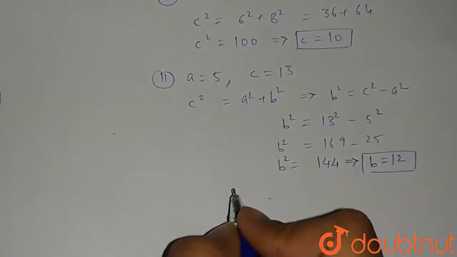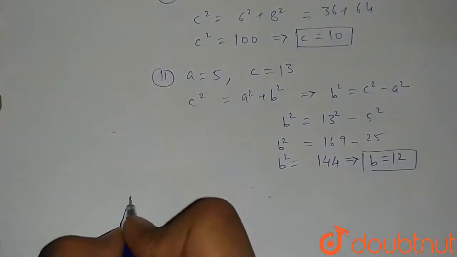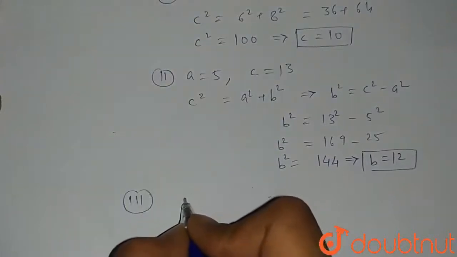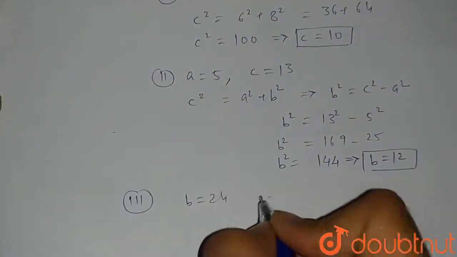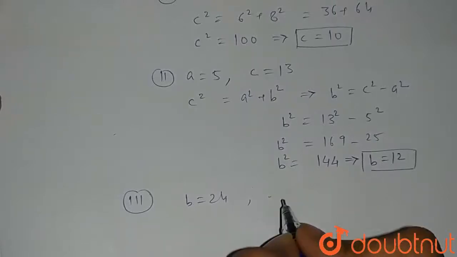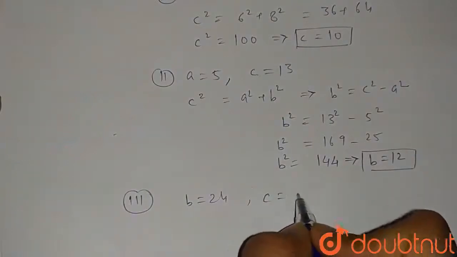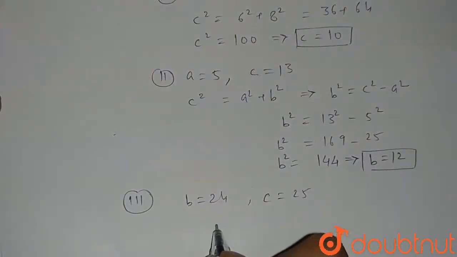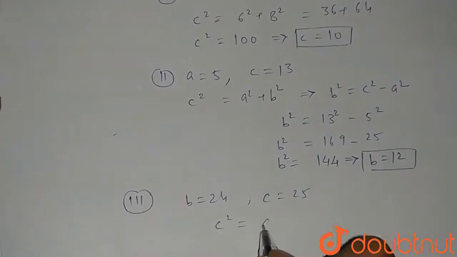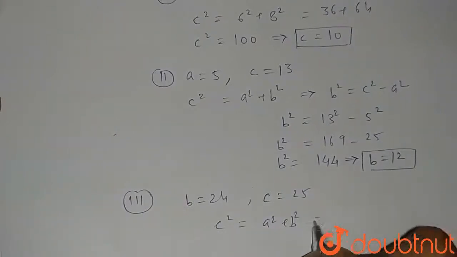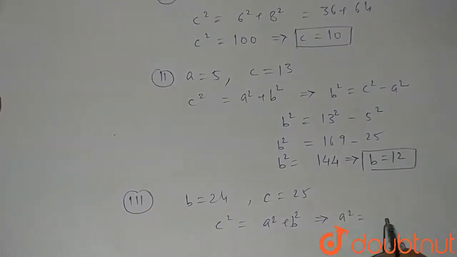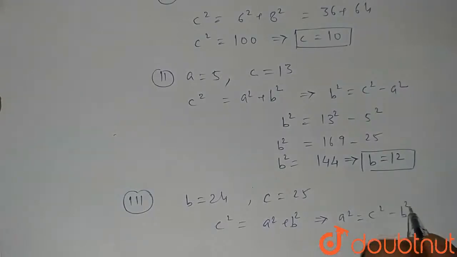Now the third case is B is equal to 24 and C is equal to 25. So by Pythagoras theorem, we have C square is equal to A square plus B square, or this implies that A square is equal to C square minus B square.